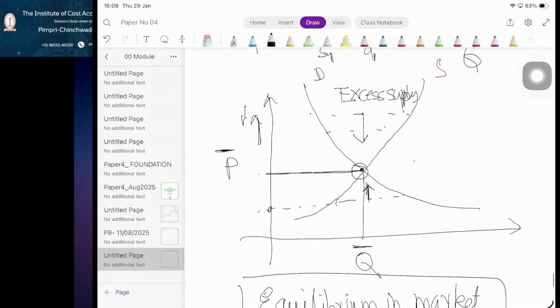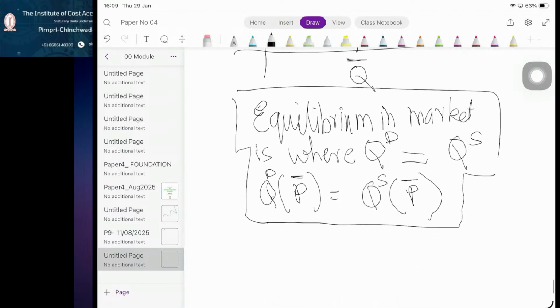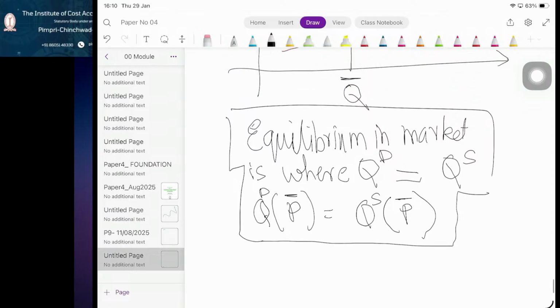We have drawn a demand equilibrium. Equilibrium in a market is where quantity demanded is equal to quantity supplied. Just understand this very important mechanic.